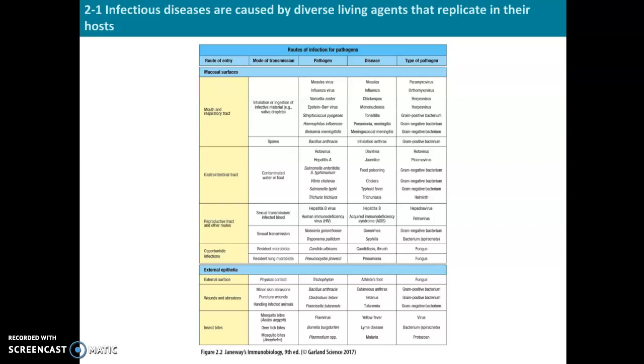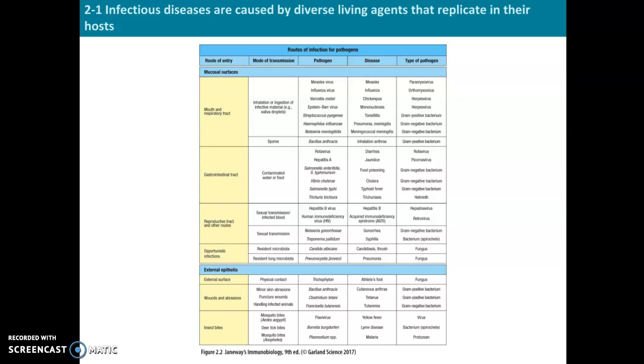which causes mononucleosis, as well as some bacterias like Streptococcus pyogenes, which is always in your throat and can cause tonsillitis, and Neisseria meningitidis, which can cause a meningococcal infection.